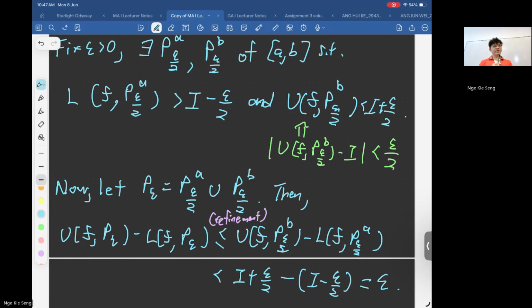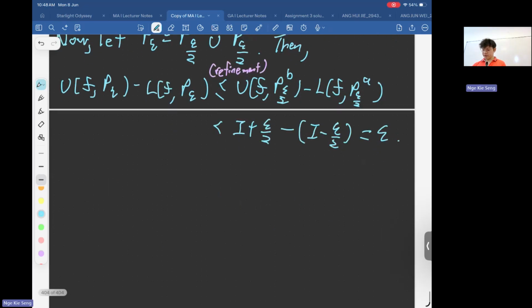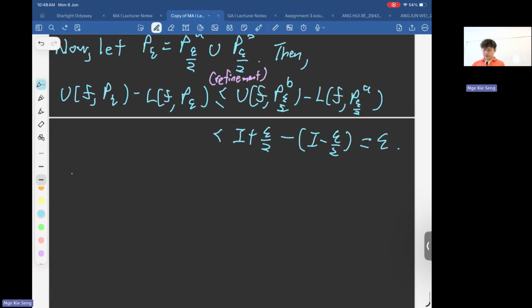Anyway, any questions? No? Okay. So the next part, what do we need to show? We need to show that UF equals LF equals these two limits.